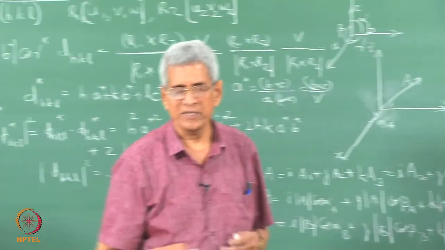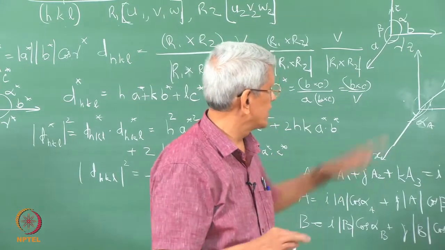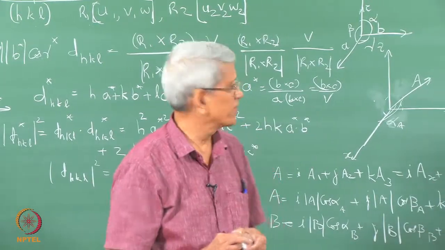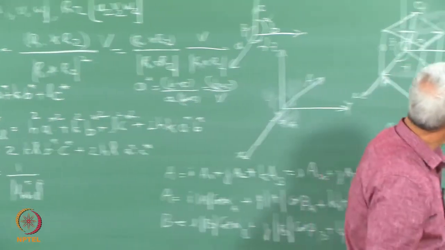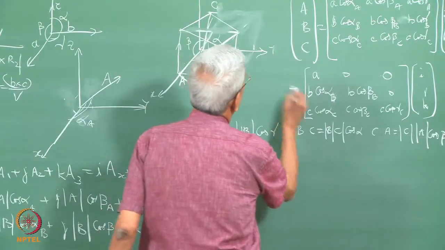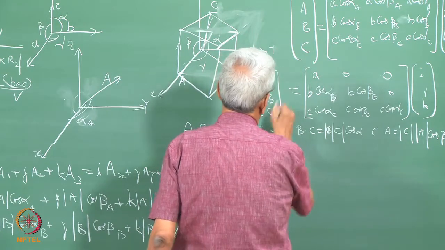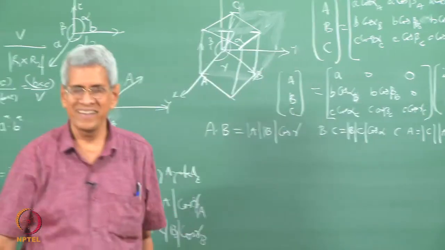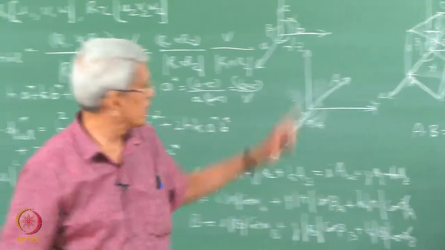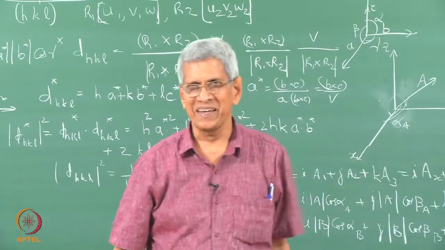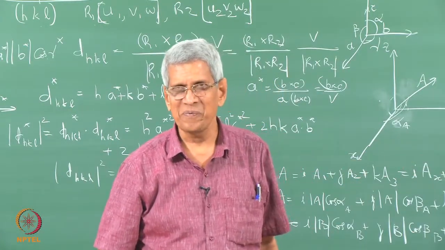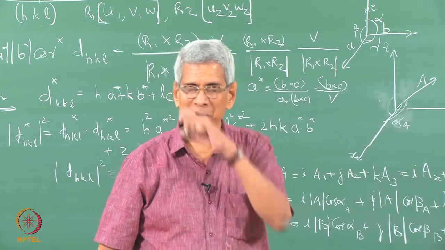We know this expression. From this equation, we can find out the values of A, B and C. Then also we can substitute on this side and find out, correct.